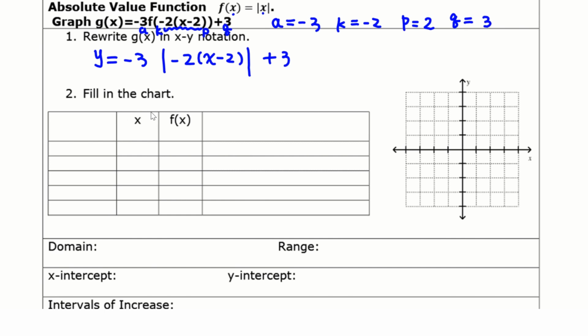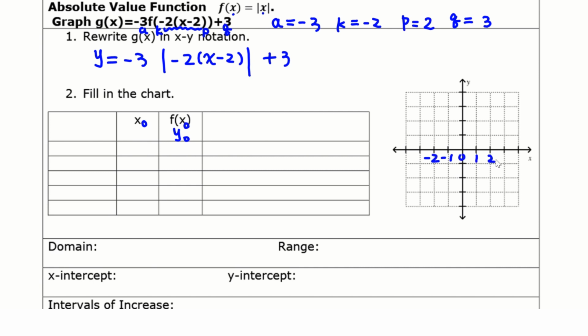So fill in this chart: the x0, and the function's original y coordinate for the parent function. So for x0, this absolute value, we don't have any restrictions, so we are going to pick the numbers around 0.